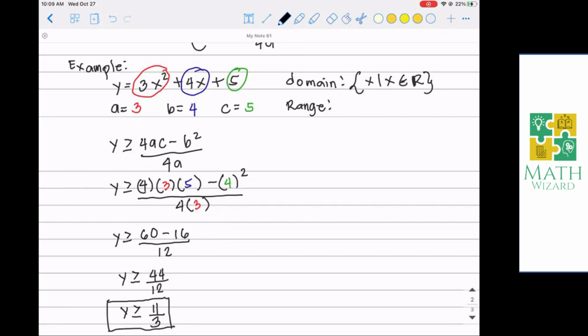Okay, why did it become 11 over 3? It goes like this. We have 44 over 12, and we reduce it to lowest terms. How do we reduce to lowest terms? We use the factor tree, or the ladder method, to find the GCF or the common factor.